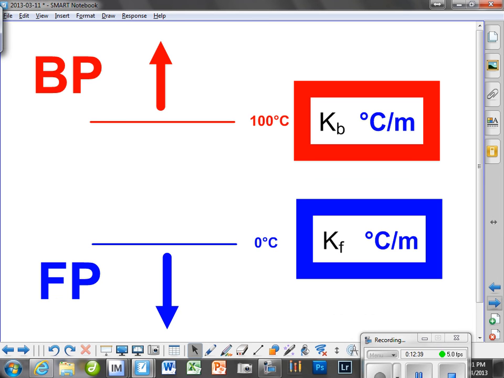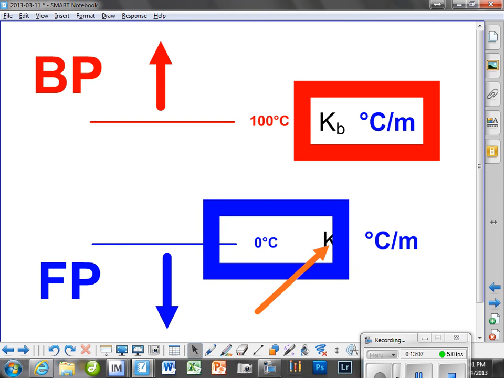So with freezing point going down and boiling point going up, we have to do that calculation using the constants. This one is the constant for our boiling point calculations, and this one is the constant for our freezing point calculations.